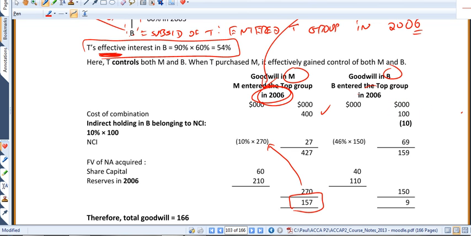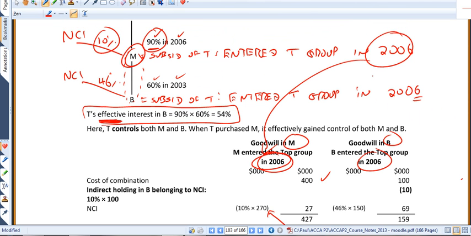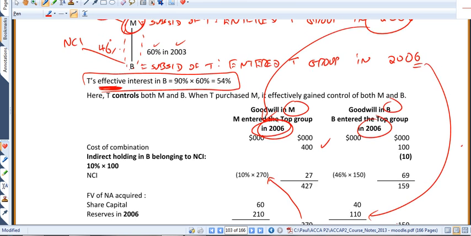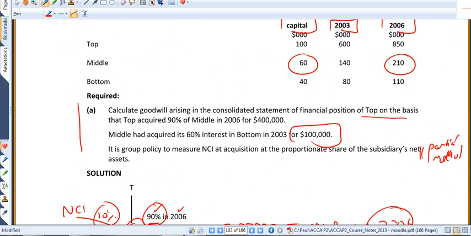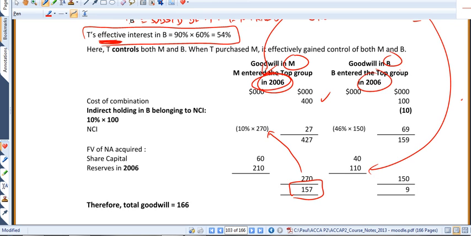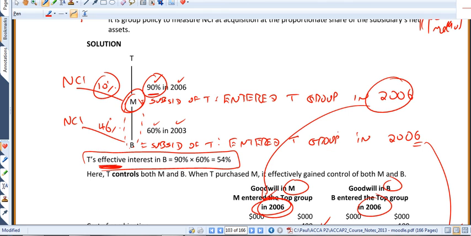Okay, well, bottom joined the group in 2006, we've seen that. And in 2006, bottom had share capital of 40 and reserves of 110. Bottom would have been worth 150. And therefore, in the non-controlling interest line, don't forget, the non-controlling interest in bottom is 46%.